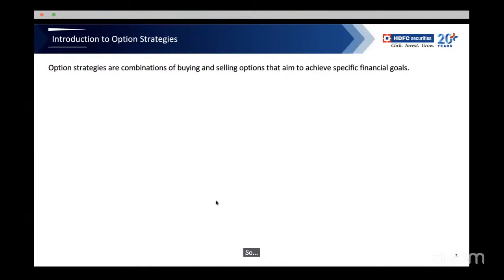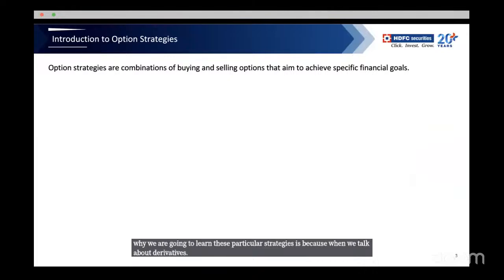So let's start now. Why we are going to learn these particular strategies is because when we talk about derivatives, derivatives is not like equity.